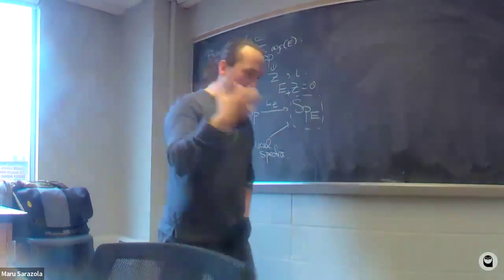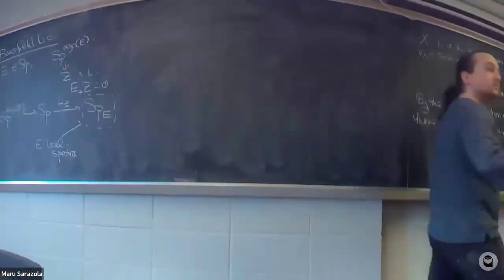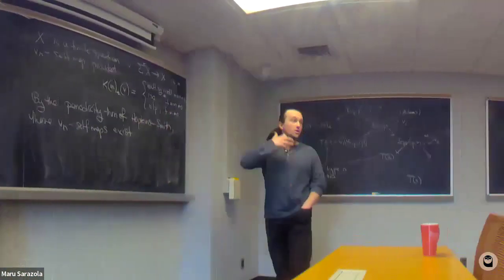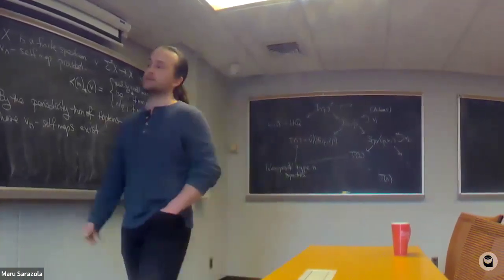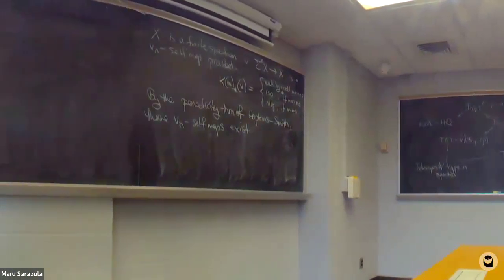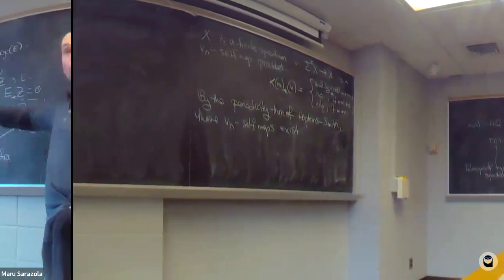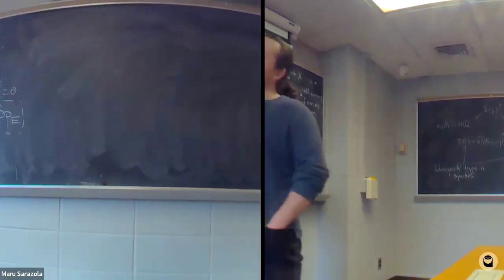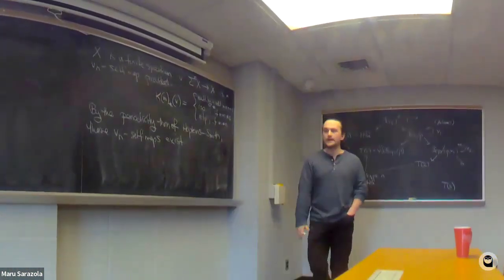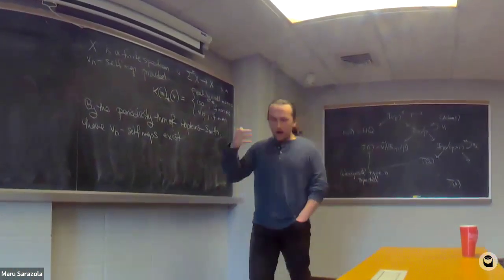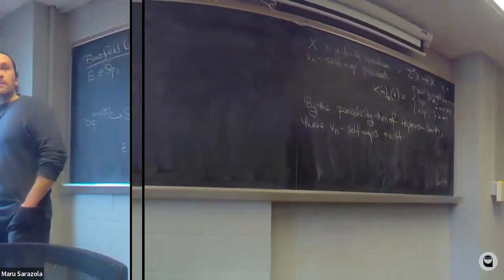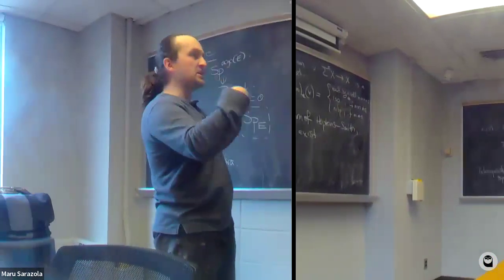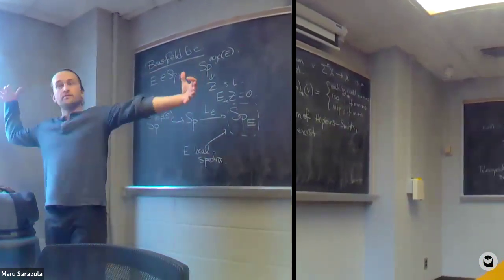And if you've encountered things like p completion or rationalization, these are all examples of exactly this kind of Bousfield localization. What you do in those situations is you take a spectrum or an abelian group, or maybe something in the derived category, and you perform some kind of operation on it. Like when you're p completing, maybe you're going mod p, p squared, p cubed, etc., and taking some big inverse limit.